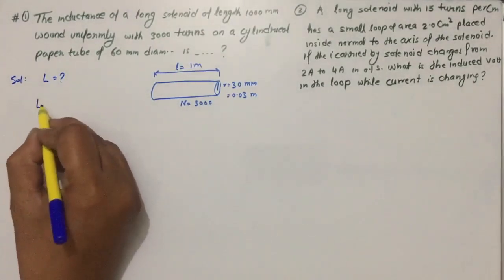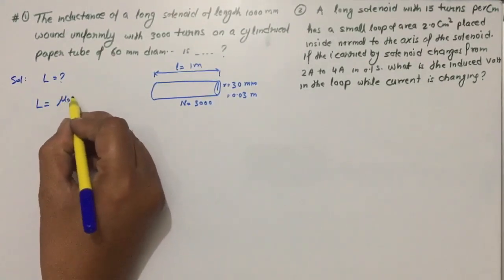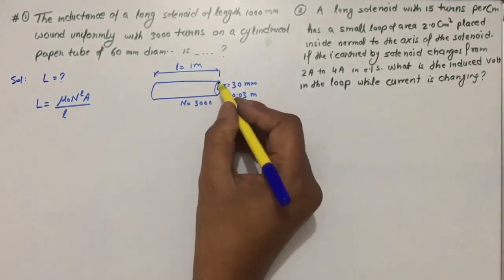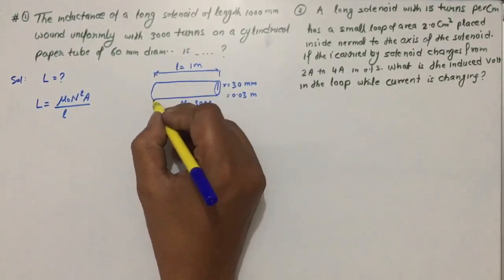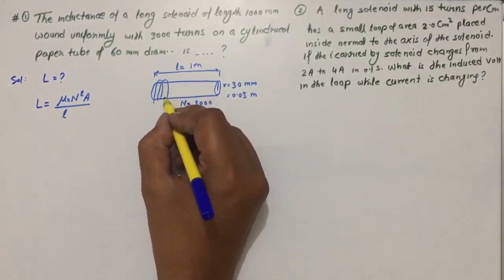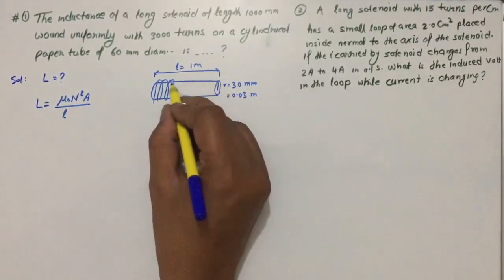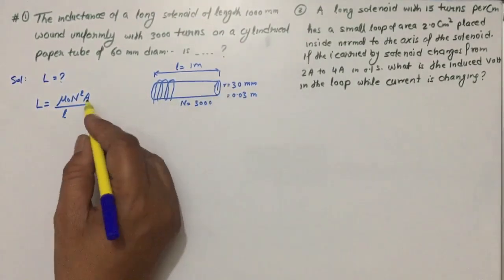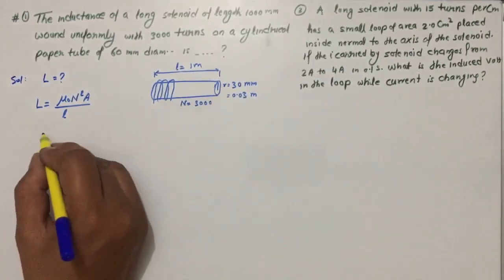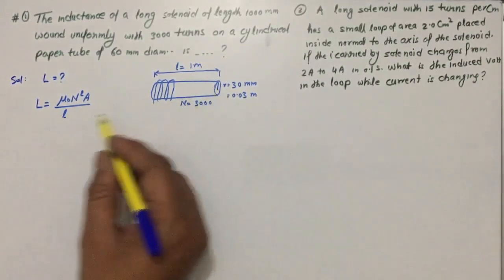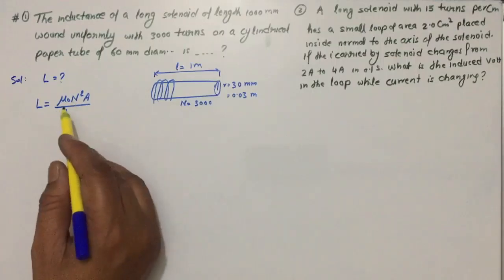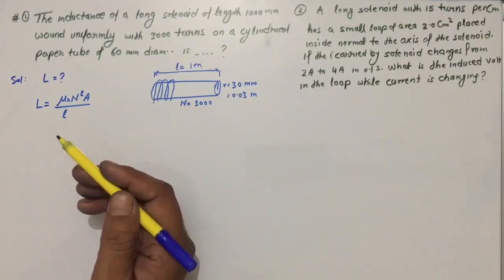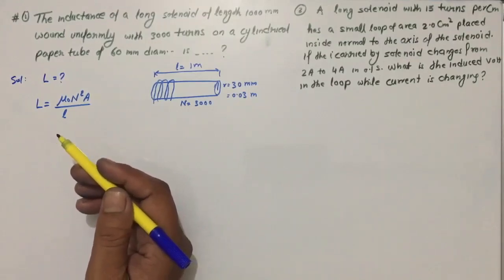N is 3000, and the formula to find L is mu naught N square A divided by l. A is the cross-sectional area of the core on which it is wound. We know A from the radius, we know l, we know N, and mu naught. If it is not given, we can assume the standard value of 4 pi into 10 to the power minus 7.